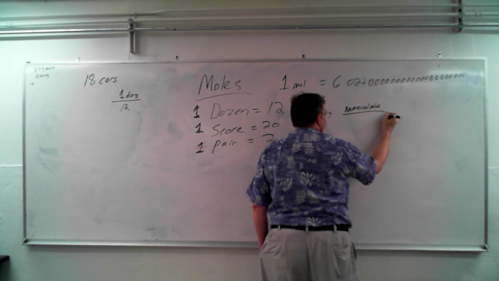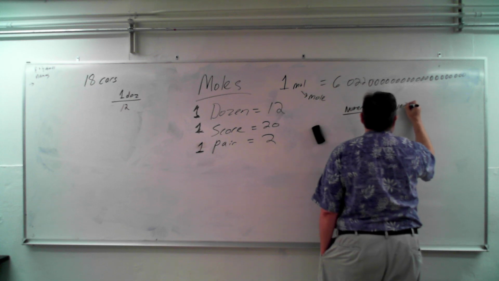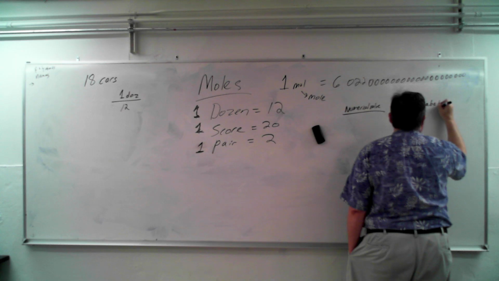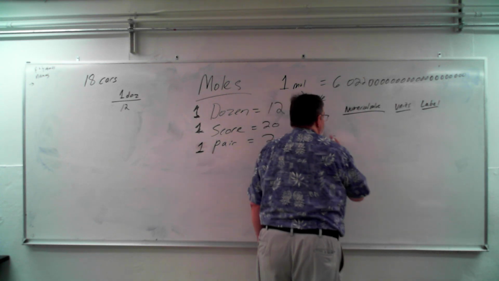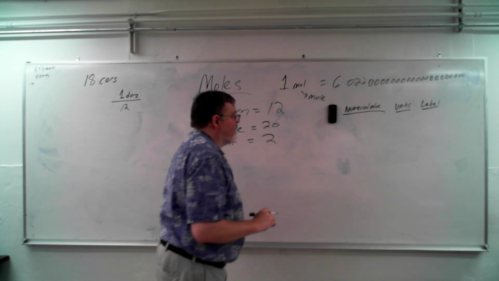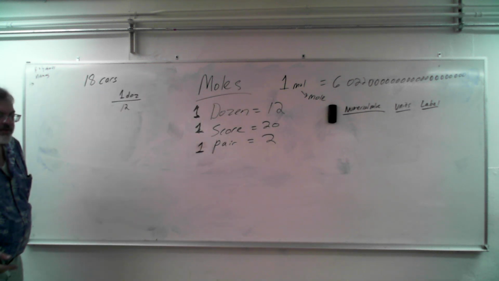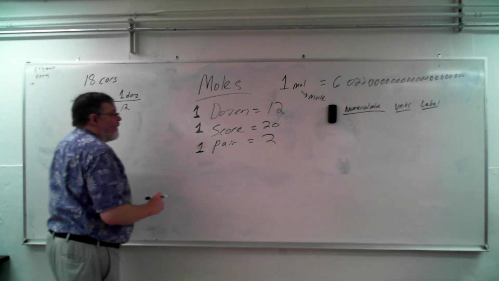The numerical value, and then there's units and a label. The numerical value might include a power of 10, but for now I won't bring up any powers of 10. So let's say it was cars. I sent you out in the parking lot. You counted 18 cars.